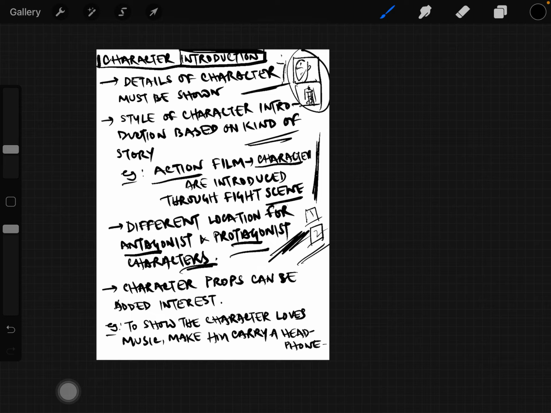I am just talking about the very beginning: how you are showing the location, how you are showing the main characters, the minor characters, whatever. So that is very important.